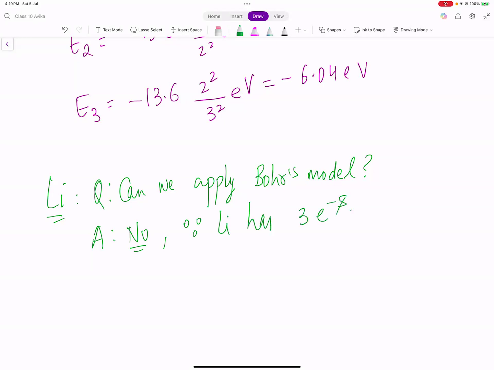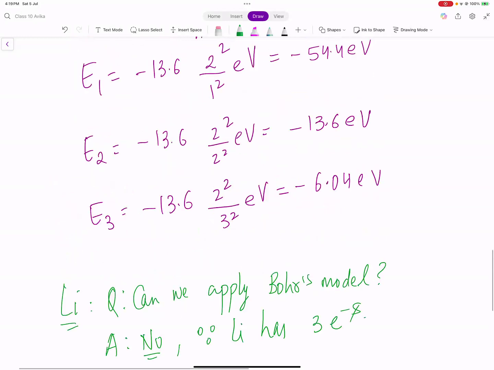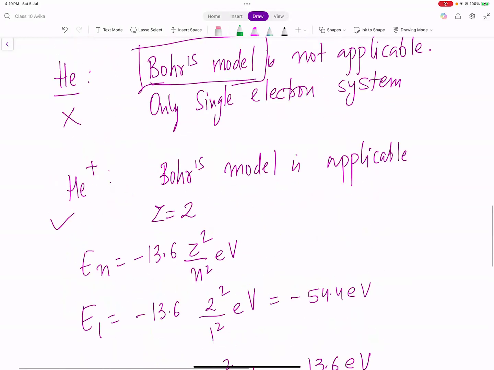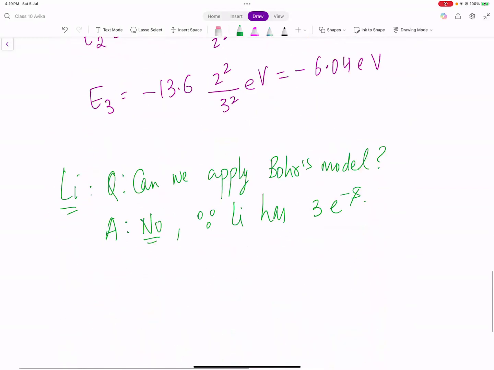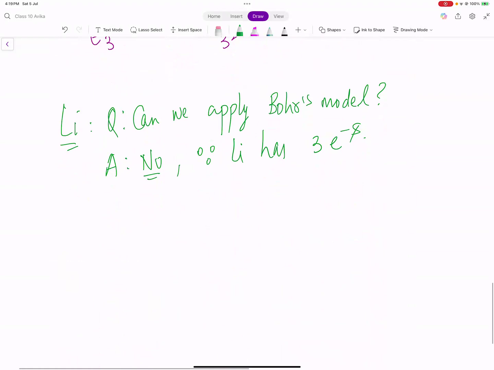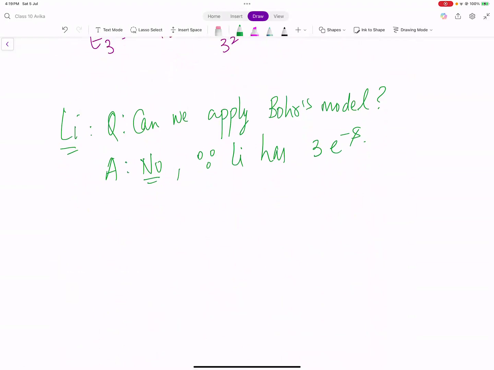We cannot apply it to helium. We can apply it to helium ion. But doesn't lithium have only one electron in the second shell? No, total electrons. 3 electrons, you cannot apply.